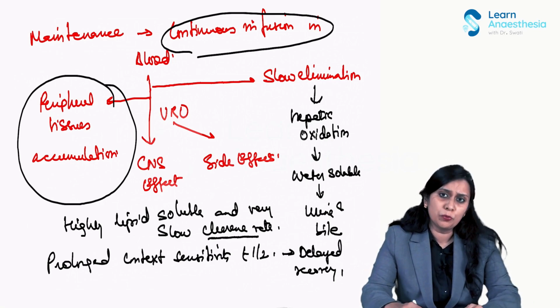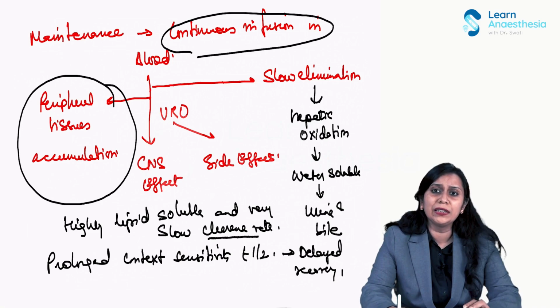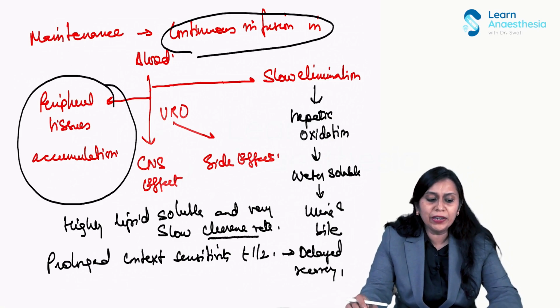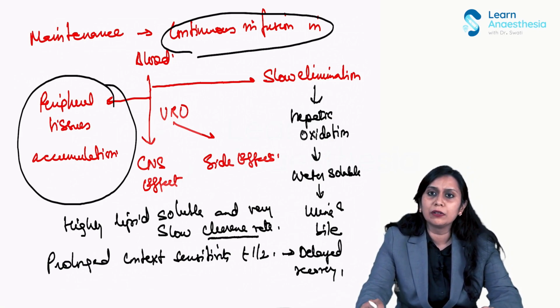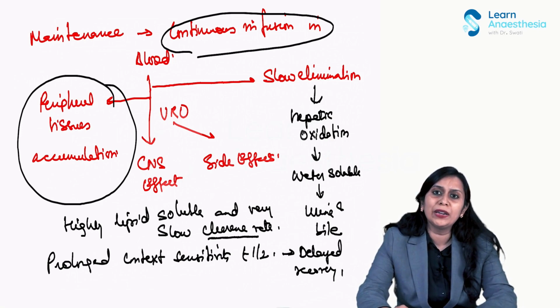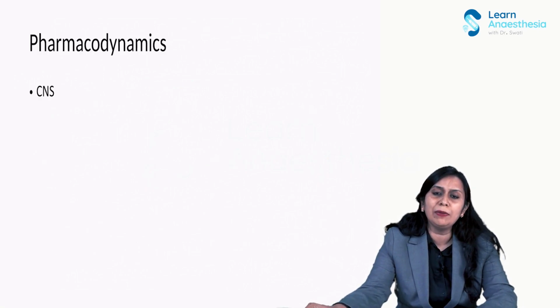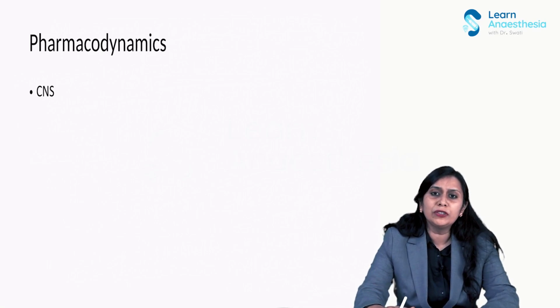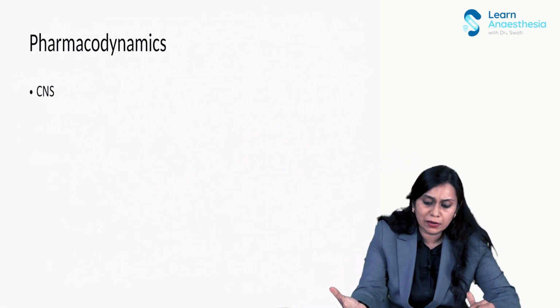We talked about propofol as the first drug in IV anesthetic agents, and I told you propofol is a wonderful drug. Why? Even if you give a prolonged infusion of propofol for, let's say, 12 hours or 8 hours, what will happen? It will go out of the body within 2 hours.